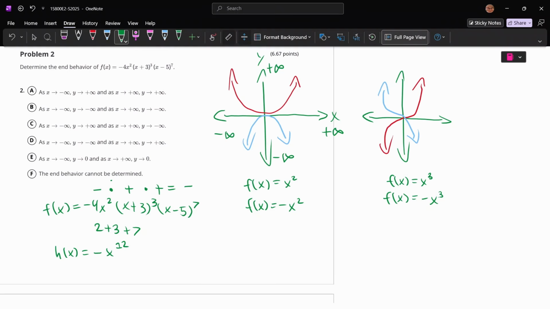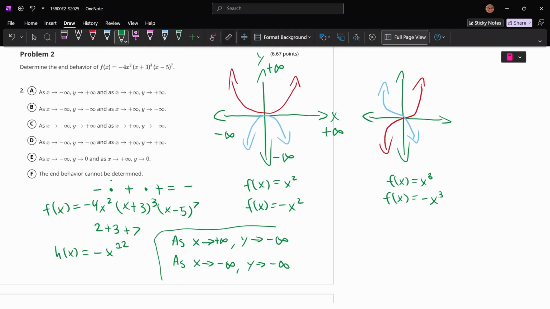So we can conclude that with this function, as x approaches positive infinity, y is also going to approach negative infinity, and as x approaches negative infinity, y is also going to approach negative infinity. And then let me also add a plus here to clarify things.